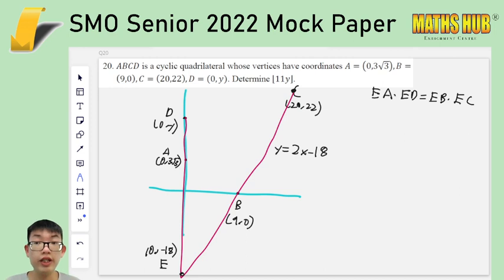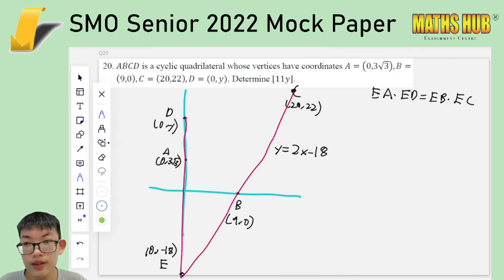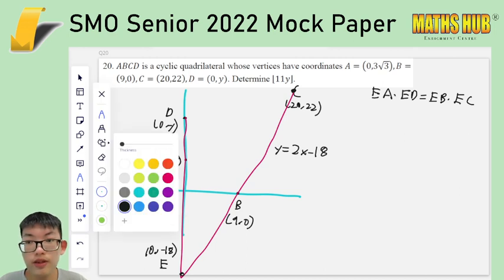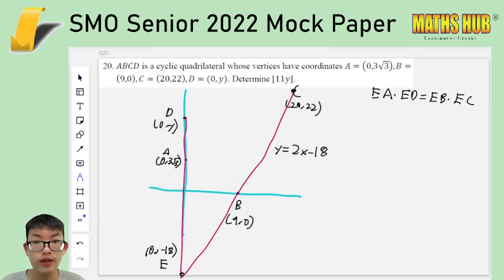And since I know that point, there's really only one unknown. ED is the only unknown. Everything else is fine. Right, so I can just find all of the lengths. And EA would be 18 plus 3 root 3.